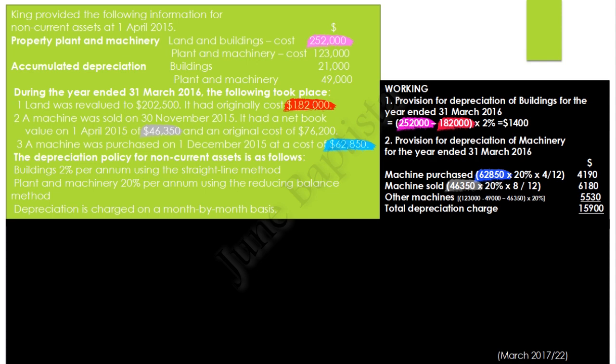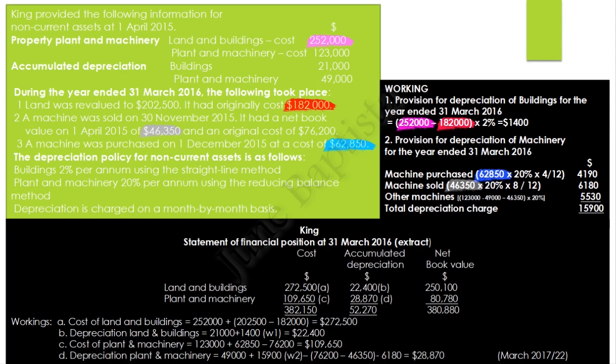Now, let us draw up the statement of financial position for King as at 31st March 2016. Extract. Working A. Cost of land and buildings is equal to $252,000 original cost plus increase in the land which was revalued to give us $272,500.